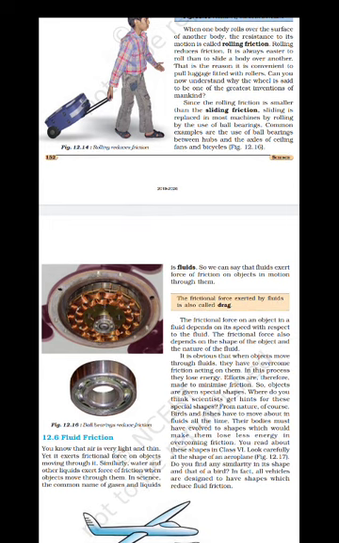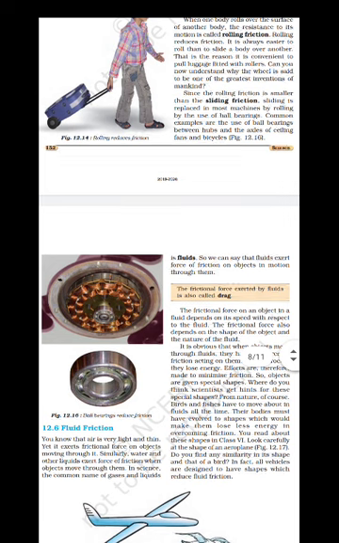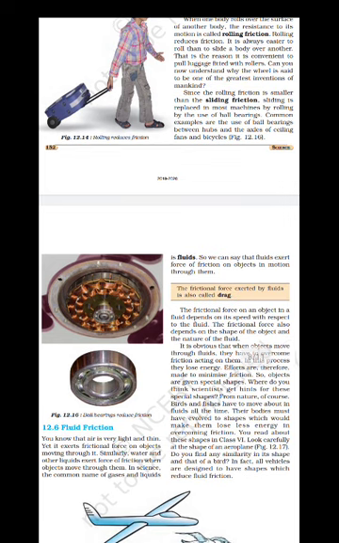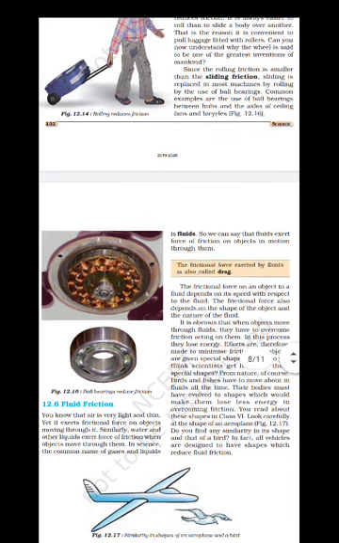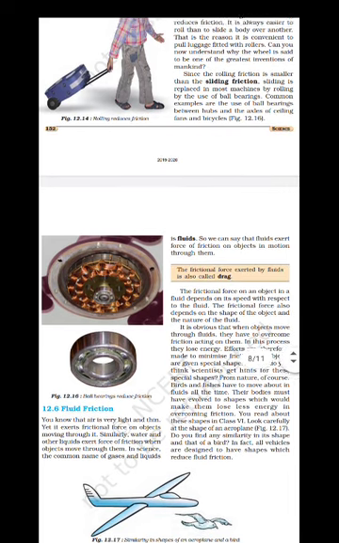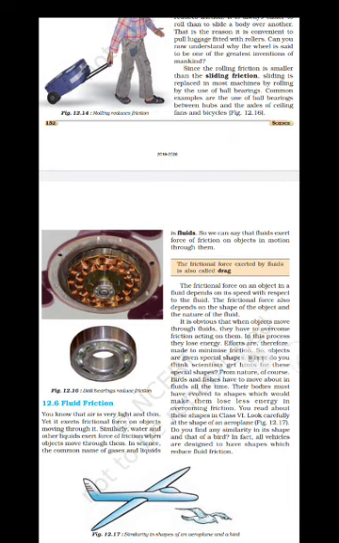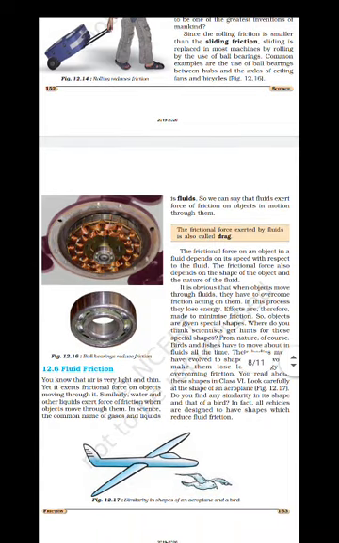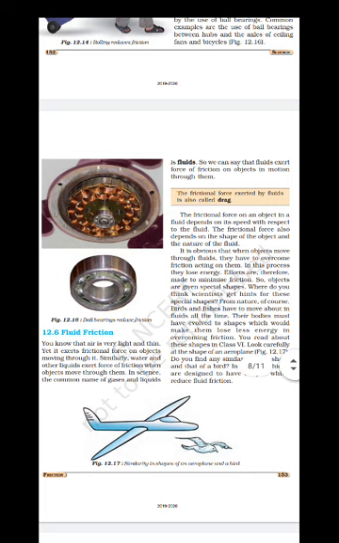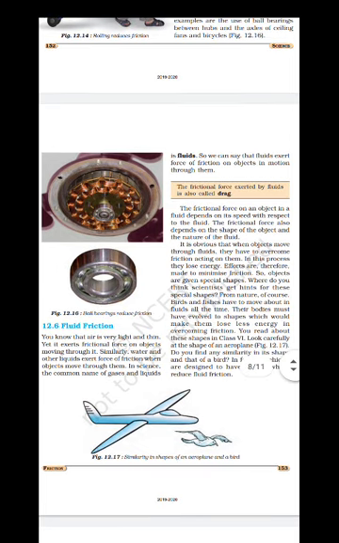Similarly, some common examples are the use of ball bearings between hubs and axles of the ceiling fan and bicycles, isn't it? Similarly, see, you have here in figure 12.6, you can see that ball bearings reduce friction. See how the small balls are put, isn't it?